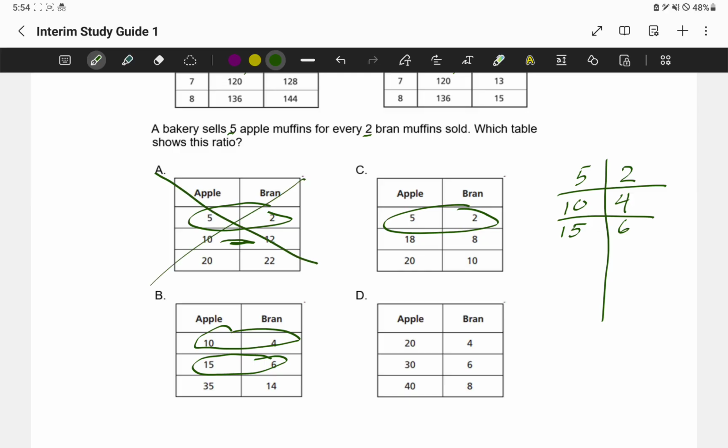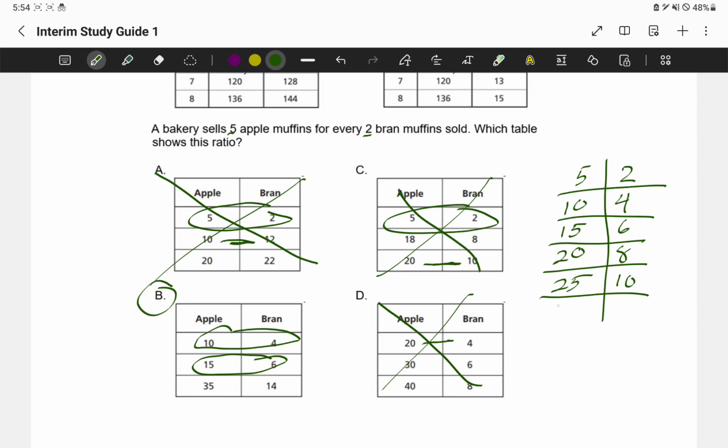Goodbye. 20 and 8. Well, 20 and 4. But so that one's out. 25 and 10. Well, this says 20 and 10. Goodbye. So it's got to be B.